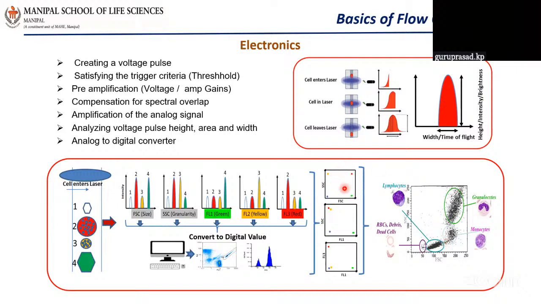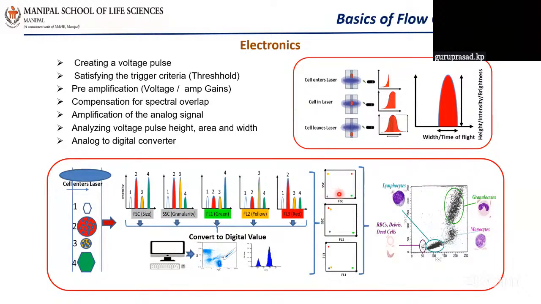Suppose in the first plot I have forward scatter on the x-axis and side scatter on the y-axis. Remember the forward scatter and side scatter signals. The first cell is smaller in size and agranular, so it gives a signal very close to zero on the x-axis and y-axis.